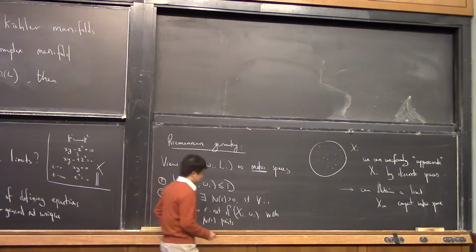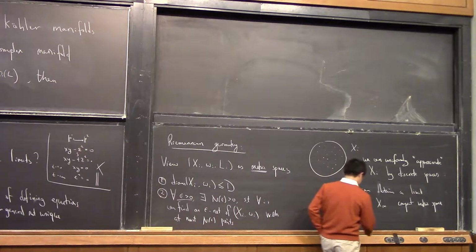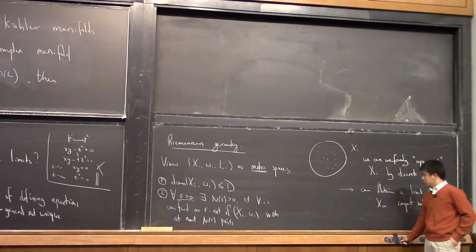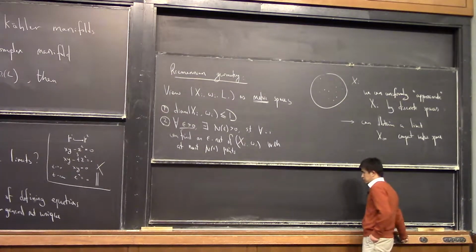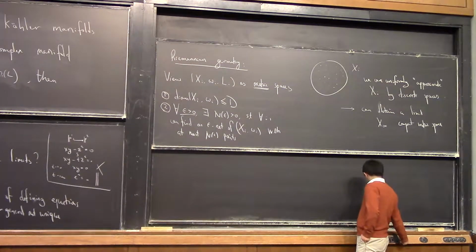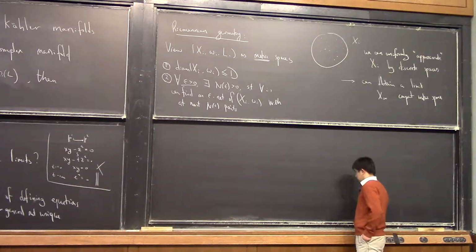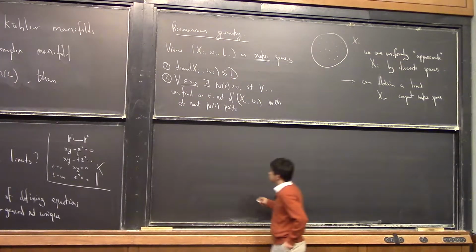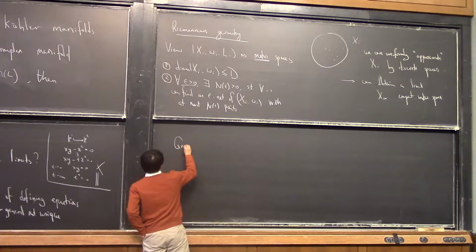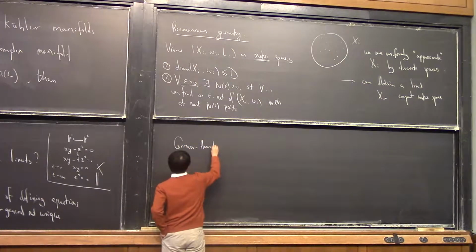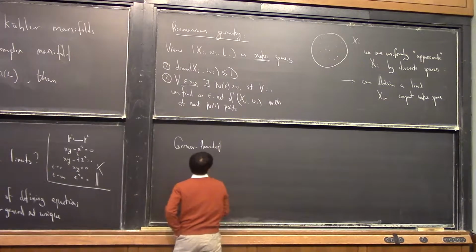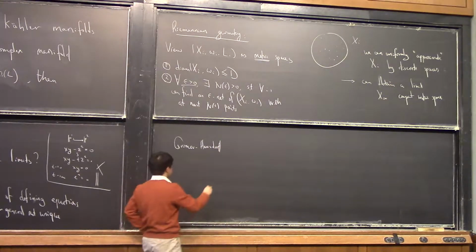And this limit is called the Gromov-Hausdorff limit. This notion of limit of metric spaces was introduced by Gromov.